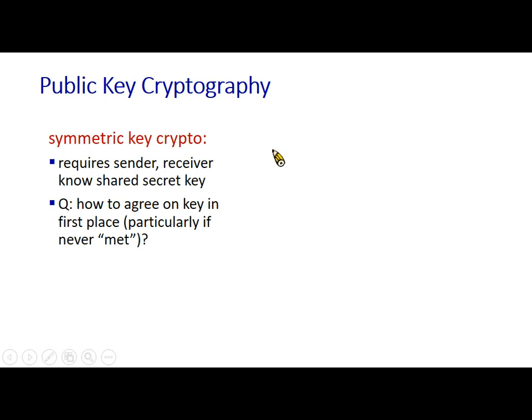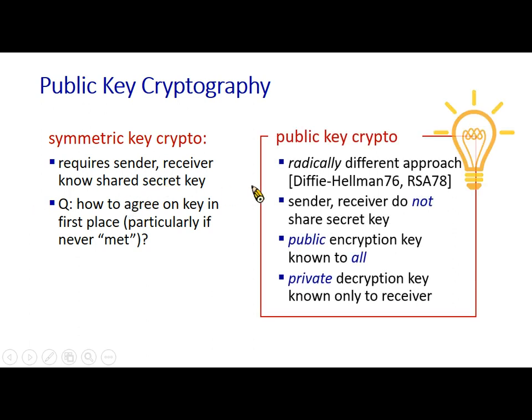Also, public key cryptography. Symmetric key crypto requires the sender and receiver to share a secret key. So the question is, how do we agree on the key in the first place, particularly when we never meet? Public key cryptography is a radically different approach, invented in 1976.